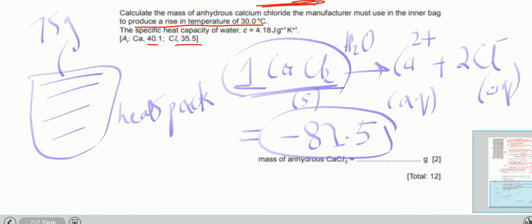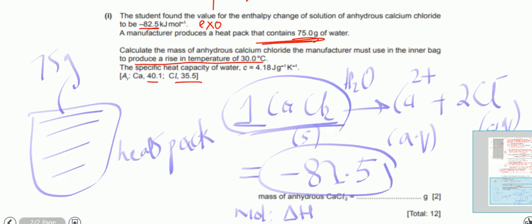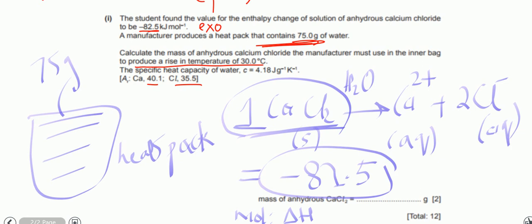So if we make a ratio of mole to our delta H, if we have 1 mole of it, then we have 82.5. We know that 1 mole is going to give us an enthalpy change of minus 82.5, and the manufacturer has 75 grams of water inside.